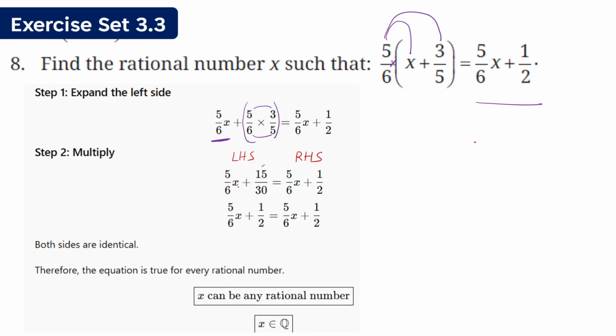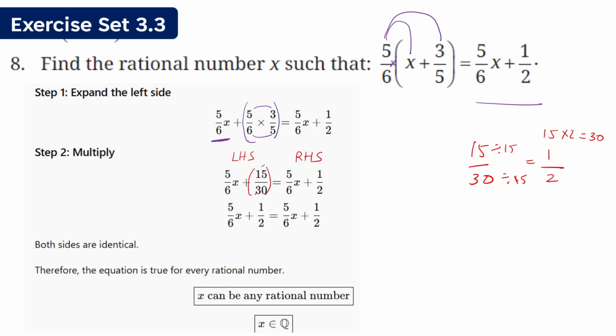Before we compare the left hand side with the right hand side, we still can simplify this fraction. So when you see that 15 and 30, there exists a greatest common factor because 15 times 2 is 30. So which means that 15 divides 30 twice. So I can divide both of these values by 15. 15 divided by 15 gives me 1 and 30 divided by 15 gives me 2.